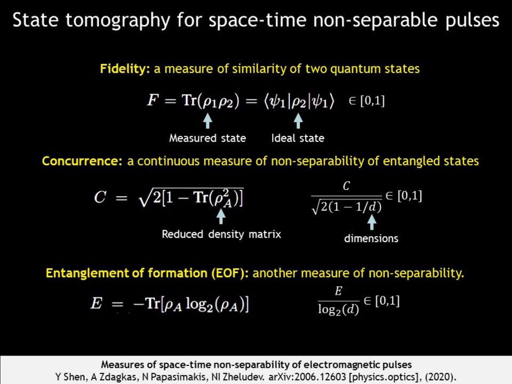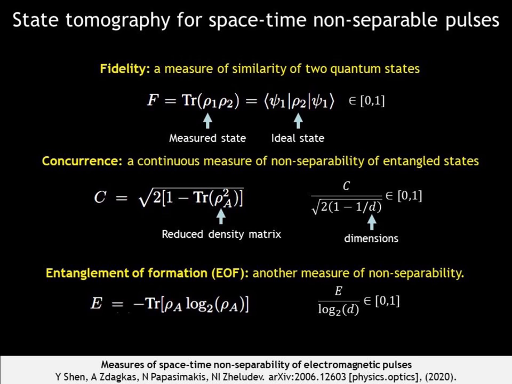First, we calculate the fidelity. The fidelity in quantum mechanics is a measure of similarity of a measured state to the ideal state, from 0 to 1. And in our simulation, we set the ideal state as the ideal flying donut pulse, so we can measure the similarity of our measured pulse to the ideal pulse.